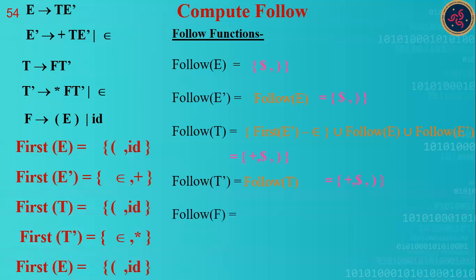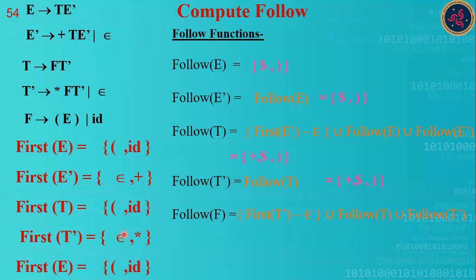So here first of T prime minus epsilon union follow of T union follow of T prime. These two are the LHS of the productions, that is production number 3 and production number 4. What is first of T prime? First of T prime is epsilon, star.